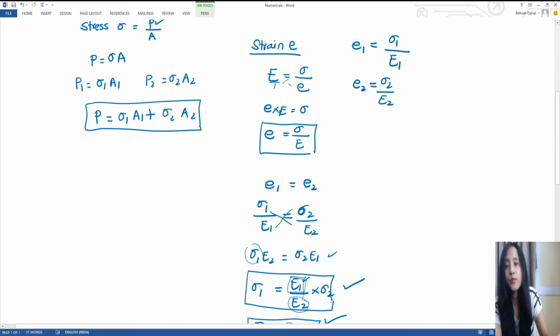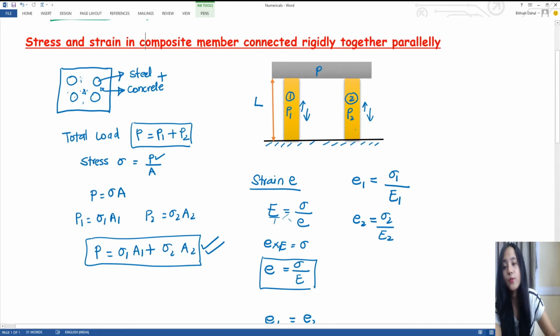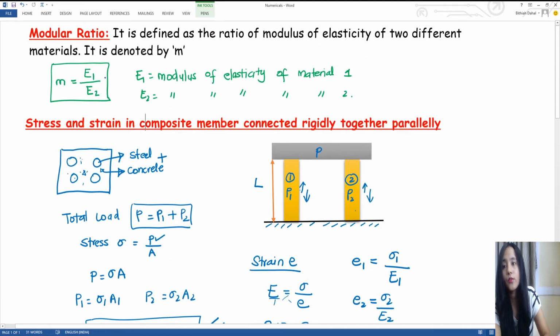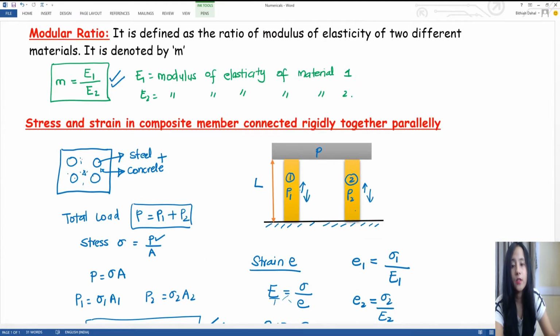And next we will be using this relation here. So please remember the relations that we are going to use, and you have to know what modular ratio is and its expression. So let us solve the numerical.